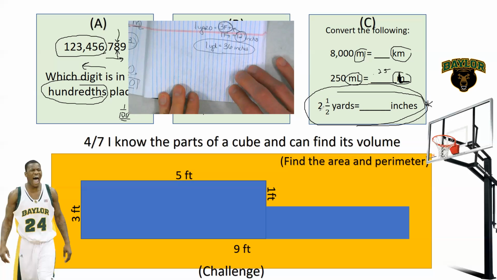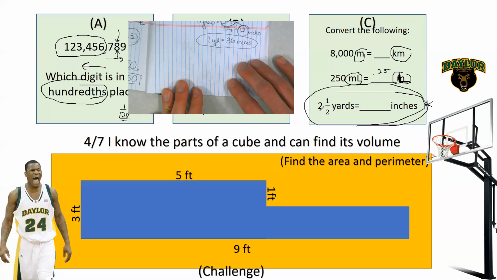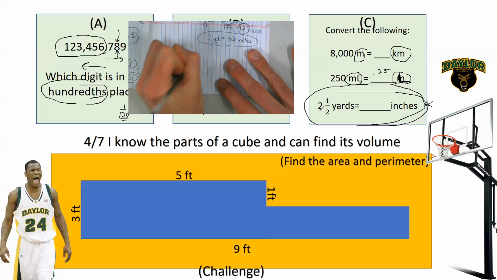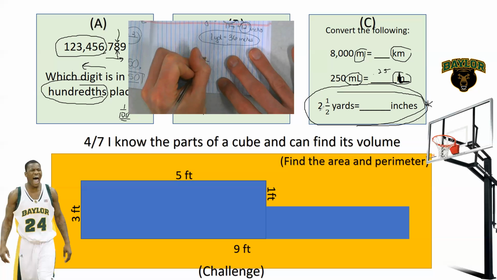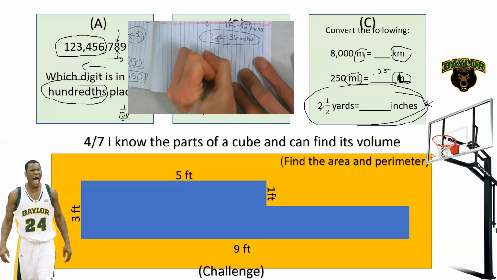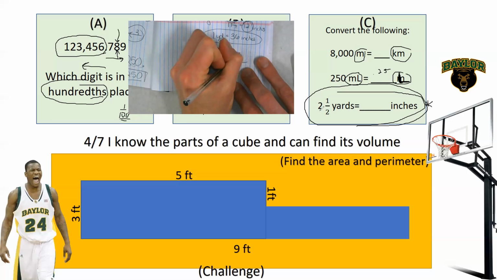But we don't have 1 yard. We have 2.5 yards. Yikes. So if 1 yard equals 36 inches, I'm just going to put that right here. 1 yard is equal to 36 inches. And then over here, we have 2.5 yards.